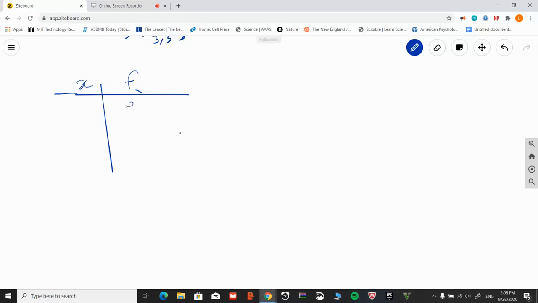Let's say the frequencies are 9 and then 11 and then 20 and then there's a 3 and then there's a 5 and then there's a 2, let's say. But the x values are given in the form of ranges: 0 to 1, 1 to 2, 2 to 3, 3 to 4, 4 to 5, and 5 to 6.